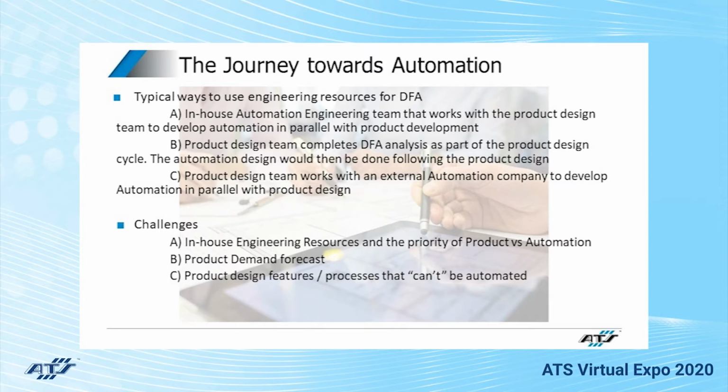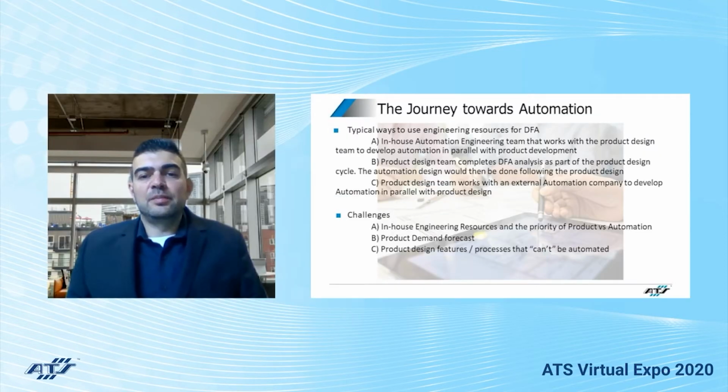This will not work well for Company X, as doing the product design and the automation design in sequence will not meet their 2-year stringent timeline. The other scenario is where the product design teams work with an external automation company to develop the automation in parallel with the product design, but each team focuses on their strengths, being the product design or the automation design, depending on which one of the companies we're referring to.